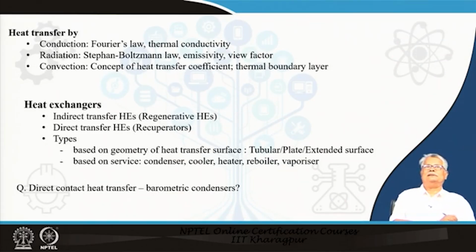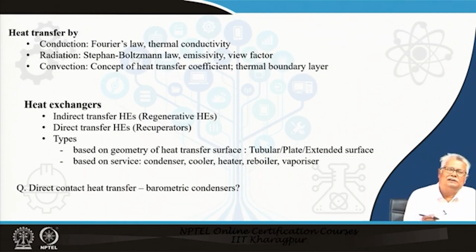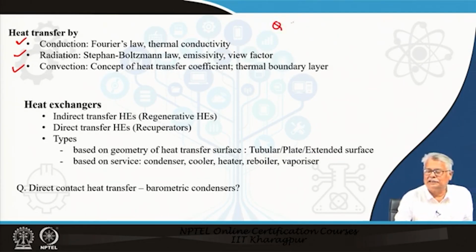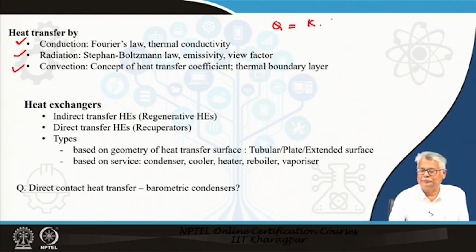Now, we look at the basics. We know always from the fundamentals in our school days that the modes of heat transfer are conduction, convection and radiation. The fundamental law for conduction is Fourier's law and it is based on the definition of thermal conductivity. That means this Q, which is the heat transfer rate in case of conduction, is equal to minus K, the heat transfer area, or rather the conduction area A, into dT upon dx.